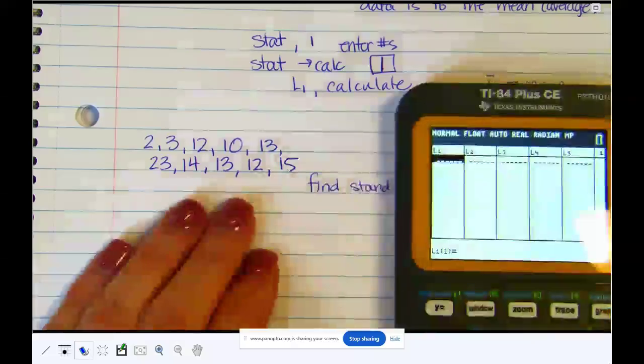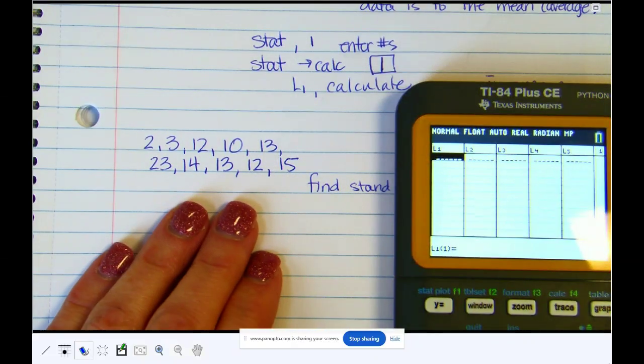You need to make sure you clear out the old numbers in that list, so you have to delete those. The delete button is above stat.